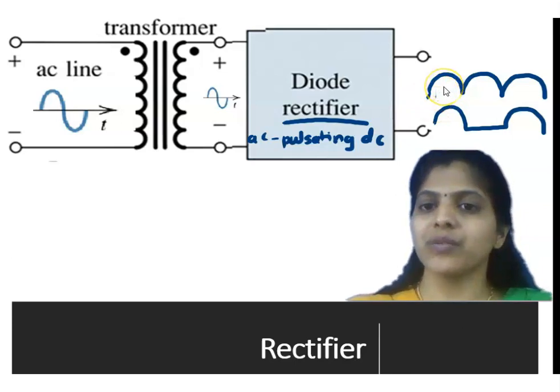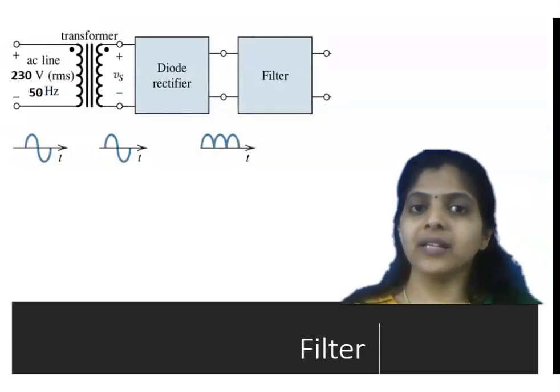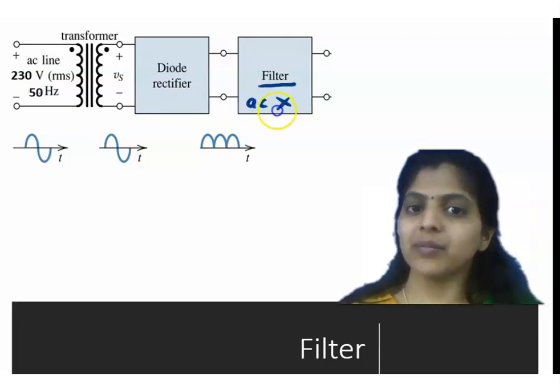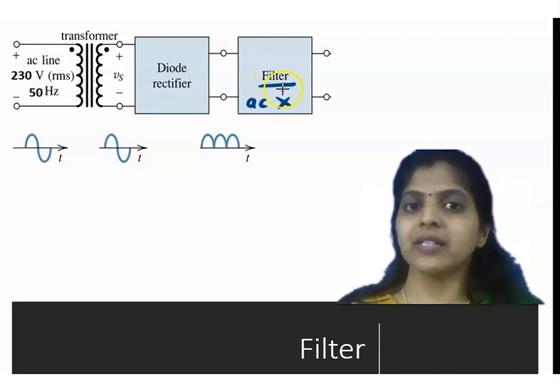This output will now be given to the next block, that is nothing but filter. Now after the rectifier, the next block is the filter. This word itself indicates that it will remove the unwanted content. So what are the unwanted contents here? AC. That can be removed with the help of a filter. Now there are so many different types of filter, that is capacitor filter, C type, inductor filter, L type.